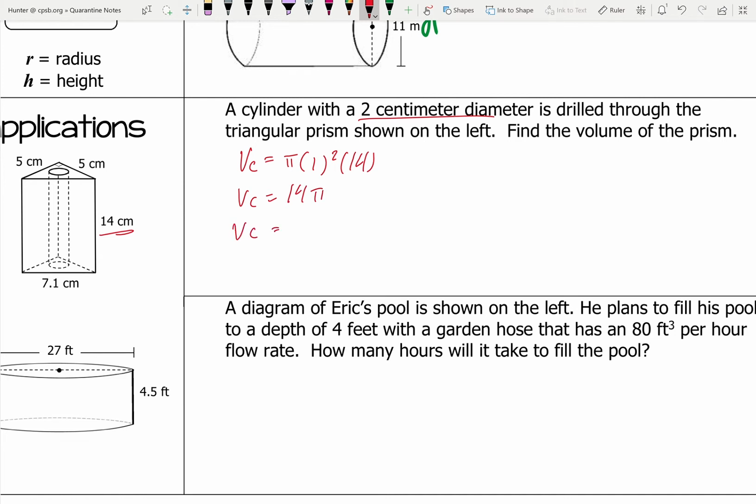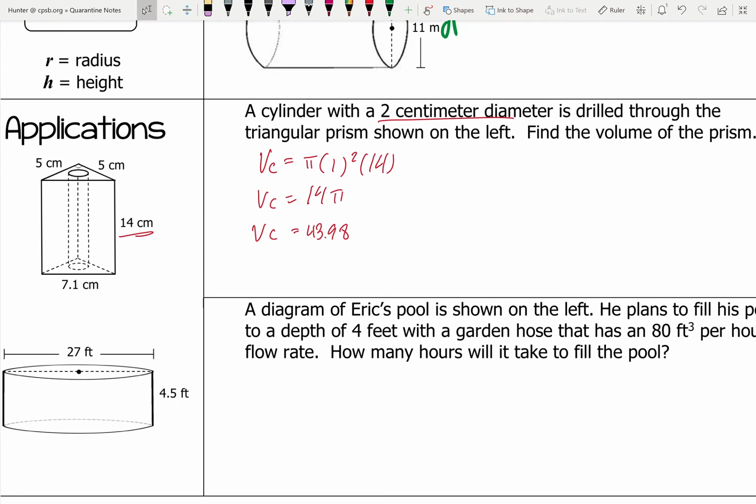And so my approximate answer is 43.98. That's for the volume of the cylinder.